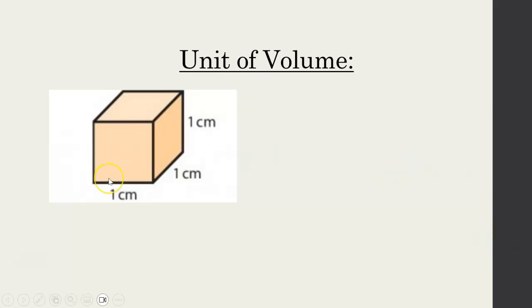So why is it cubed? Well, remember we were looking at area and we were counting all those little squares and it was centimeters squared. Well, now we've upgraded to 3D and we're counting how many of these little cubes. So we're looking at centimeter cubes. So what is a cube? Well, it's just a square, but it's become 3D. So we have a square on all these sides of the shape.